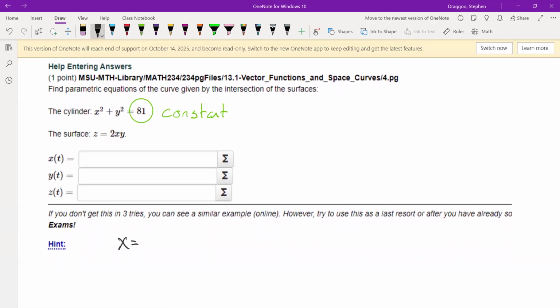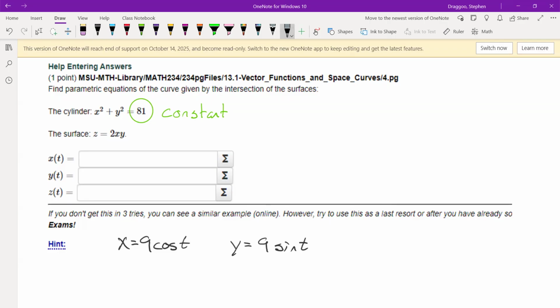So I'll use x equals 9 cosine t and y equals 9 sine t, since I have x squared plus y squared. I think we saw in class that if it were like x squared plus z squared, it would just be x is cosine and then z is sine, something like that. Whatever two terms show up in that equation that looks an awful lot like a circle should be sine and cosine. Our radius is 9, since that's the square root of 81, so I dropped that in there.